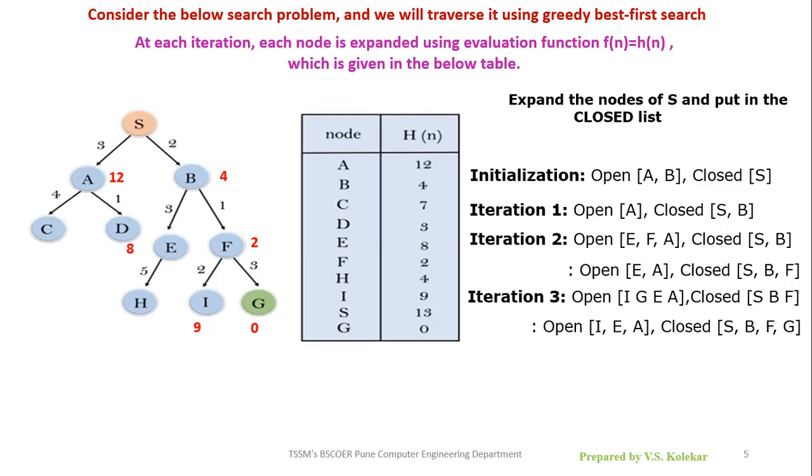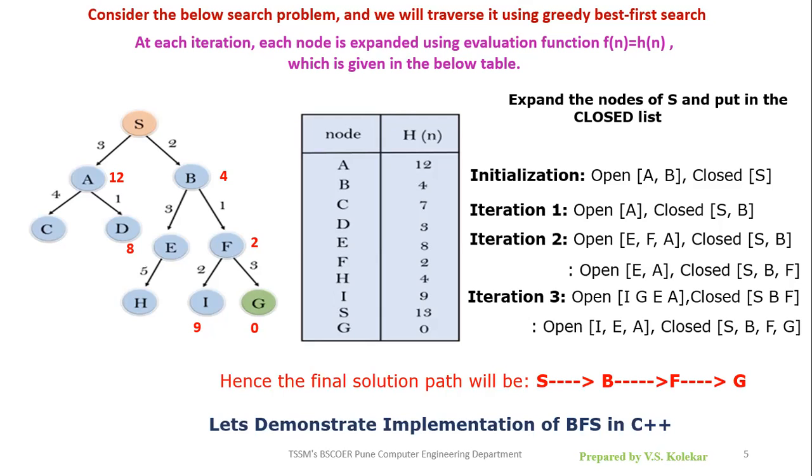And once we reach the destination node, we will stop our execution, and whatever elements are in the closed list is the path from source to destination. Hence, the final solution path will be starting node S, then visit node B, then visit node F and then the final node G. This is the basics of best first search with an example.